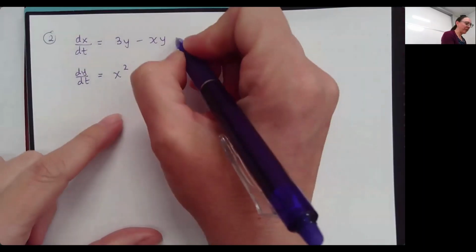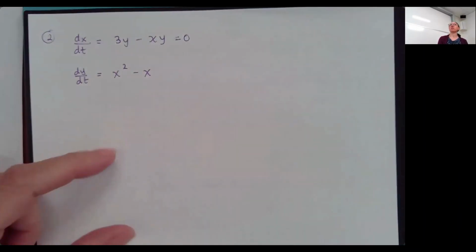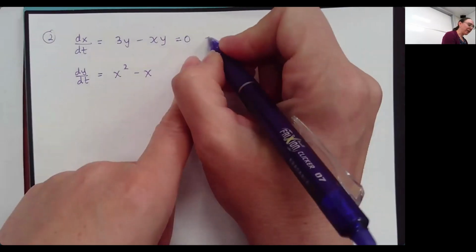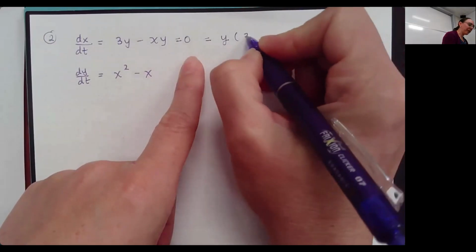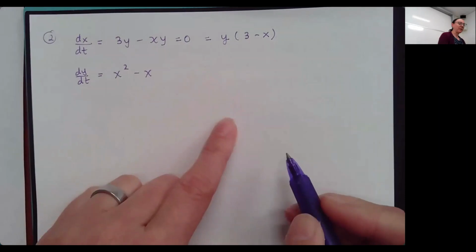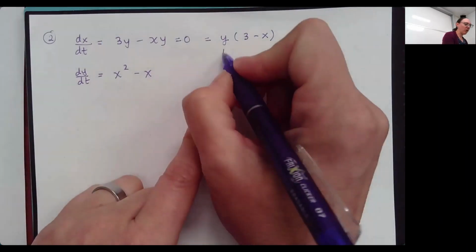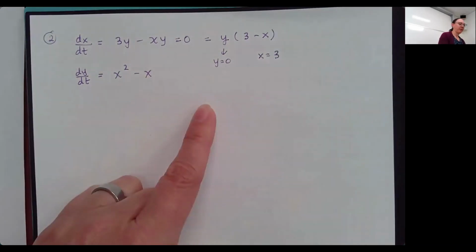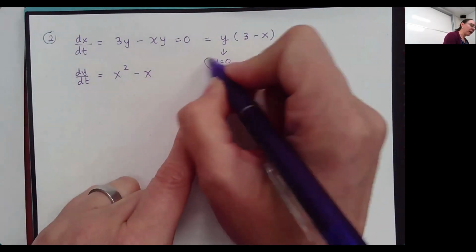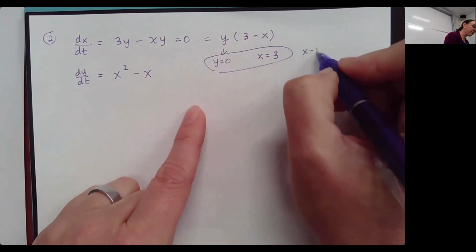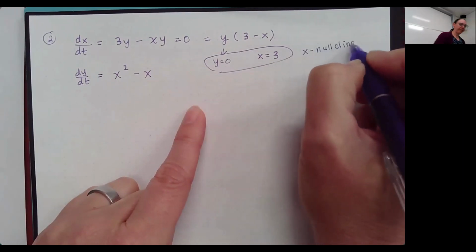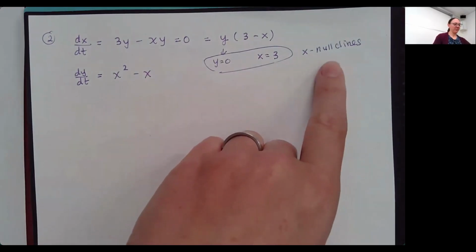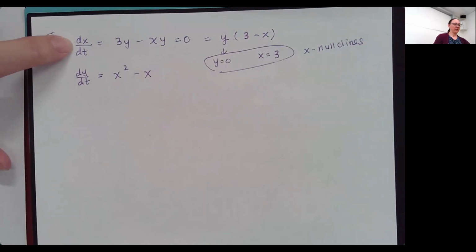That first step is figuring out what the equations for the null lines are. So this one factors, I can pull out a y, and then I've got 3 minus x, which means that my two equations for the null lines are y equals 0 or x equals 3. And these are my x null lines, because they're coming from the dx/dt equation.